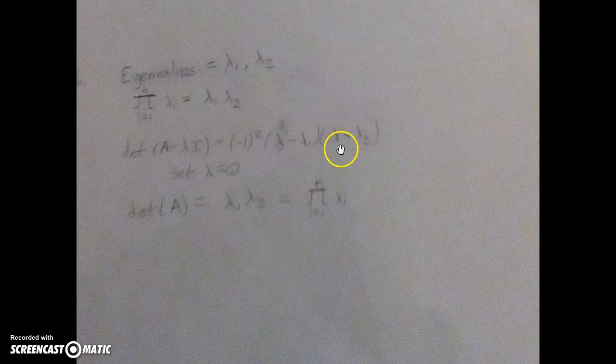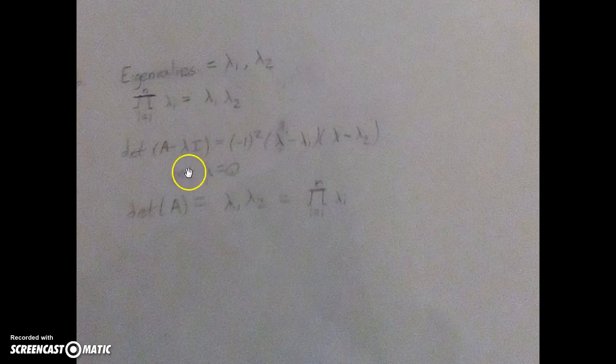And these lambdas are just variables or coefficients that can be anything. So you can set those equal to 0, and that leaves you with determinant of A is equal to negative lambda 1 times negative lambda 2, which is just lambda 1 times lambda 2.